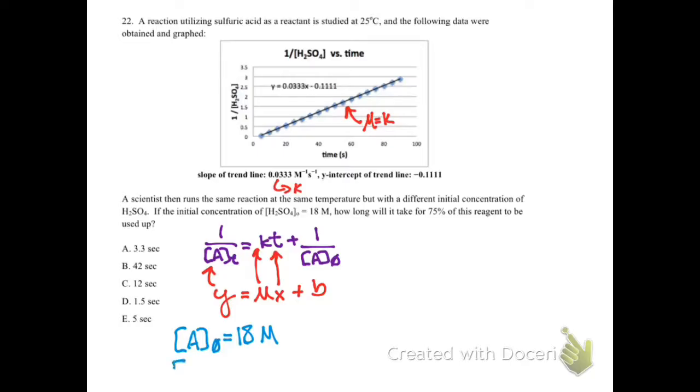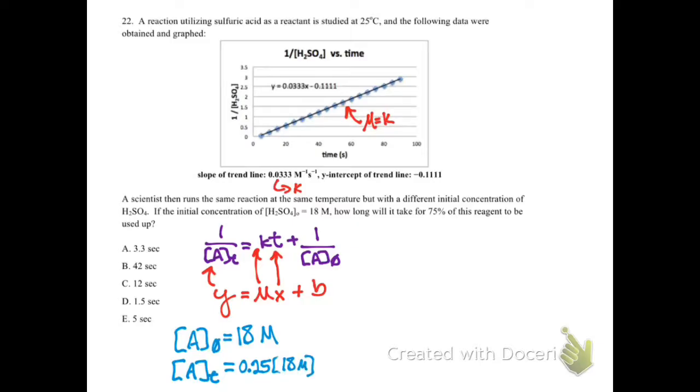So A sub t, we want for this to be 75% used up, which means only 25% of it will be remaining. So 0.25 times our A sub 0. We want to know how long it's going to take for it to drop down to 25% of its original concentration. So if we multiply our A sub 0, I'm just going to plug in the 18 molar here.